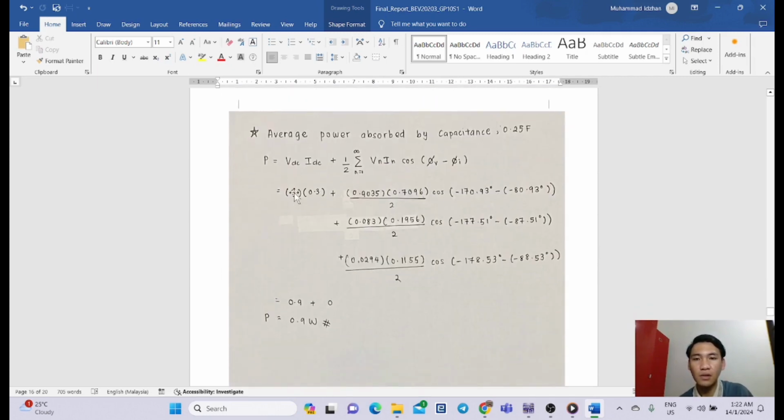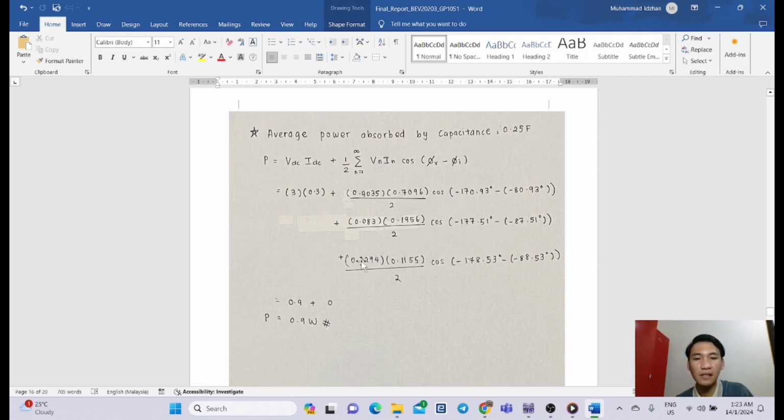Lastly, the last step is we use the formula of power, which is VDC multiplied with IDC plus 1 over 2 sum of VN IN cos with angle voltage minus angle current. So our VDC is 3 and our IDC is 0.3. Our VN IN is based on our calculation. Same goes with the angle. So this is for N1, and for N3, Vn will be like this and In will be like this.